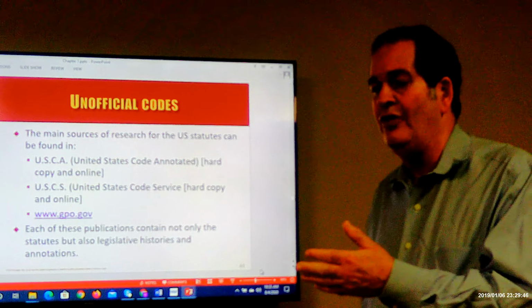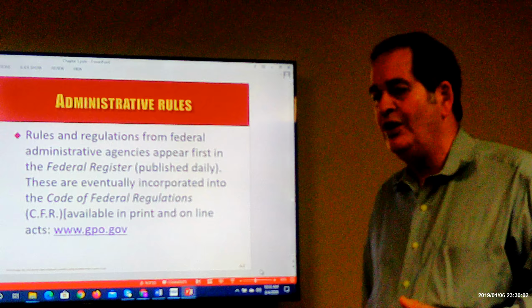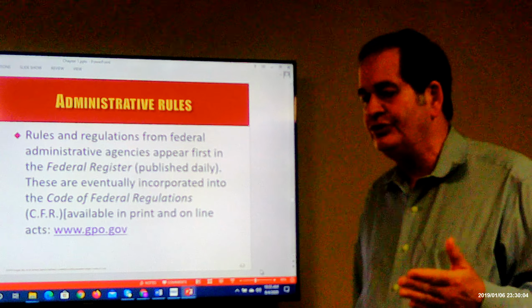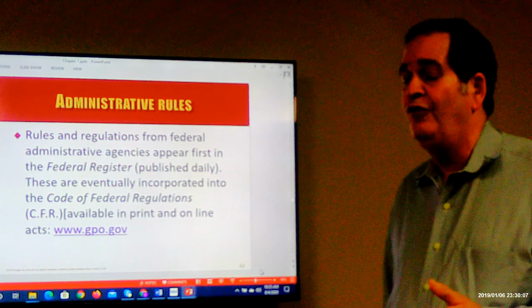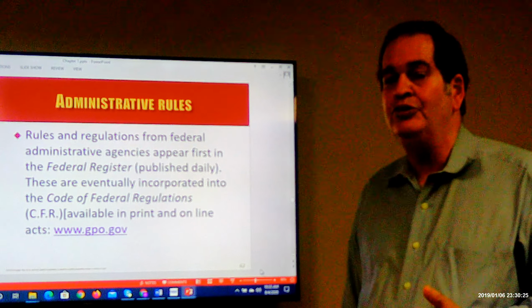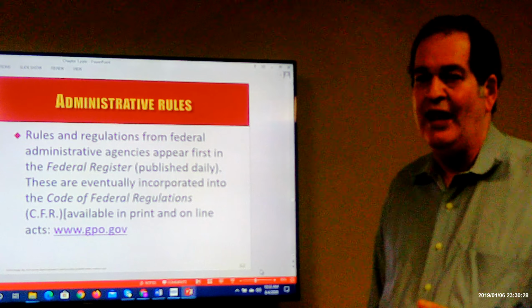Okay, now administrative law. Administrative law is very difficult sometimes to research. In fact, for businesses, I would suggest that oftentimes what you're going to want to do is read a secondary source, like an encyclopedia or treatise, or in most businesses' cases, I would suggest that most businesses have what are called trade magazines.